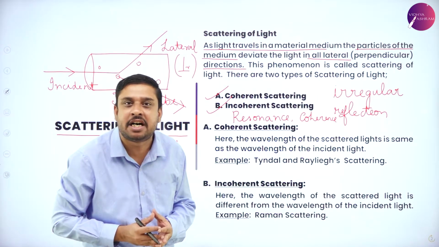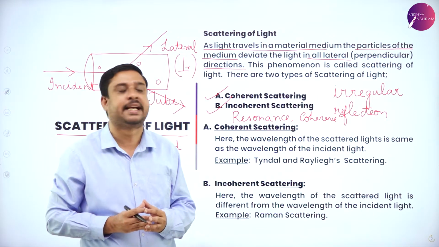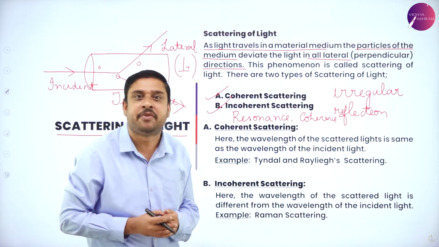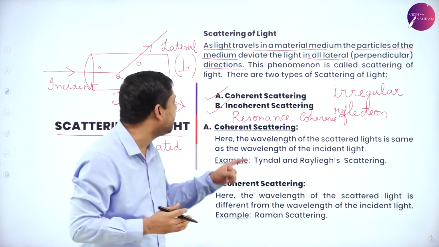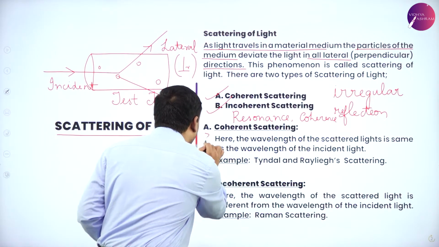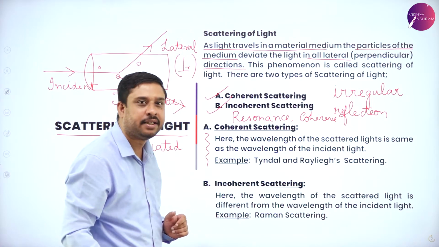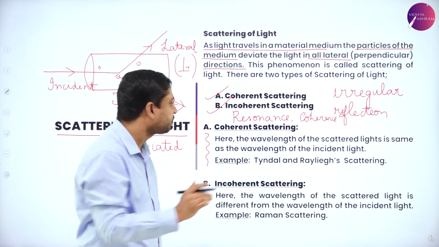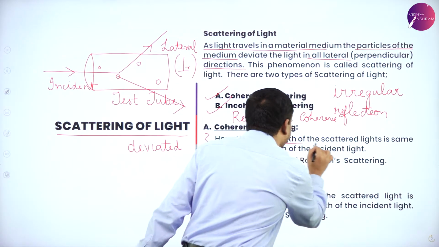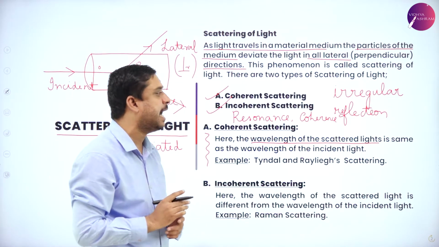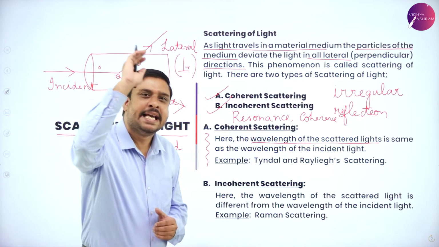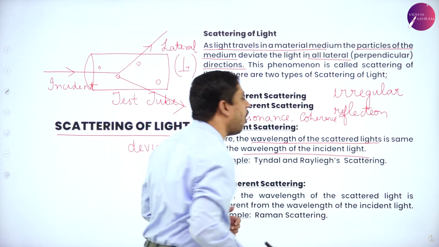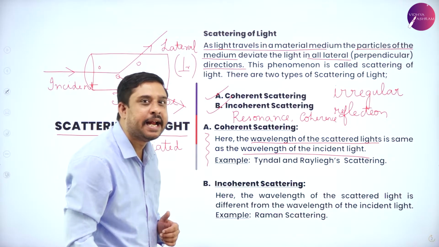Resonance refers to frequency matching condition. Coherence refers to wavelength matching condition. If so, then what is coherent scattering? Here, the wavelength of the scattered light is the same as the wavelength of the incident light.